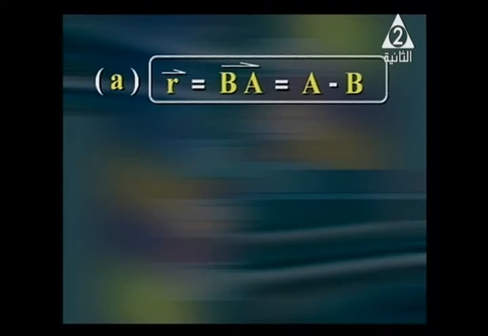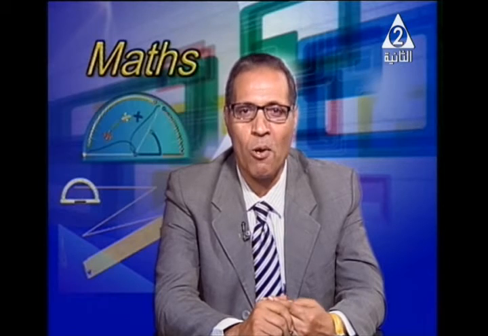Dear student, we have r equals BA. What is the meaning of BA? When we find the moment about point B, we find the position vector of point A relative to B. What is the meaning of the BA vector?